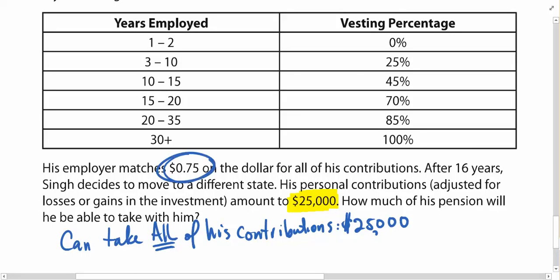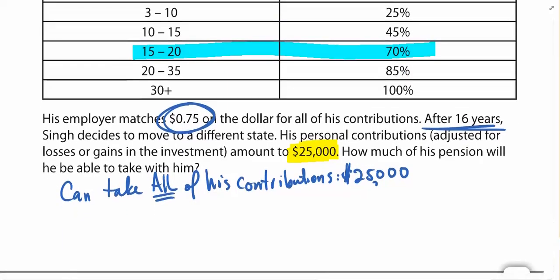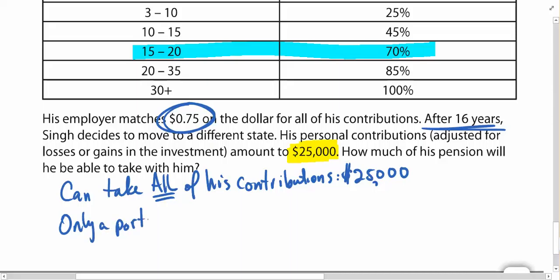And his employer contributed 75% of what he contributed. And the vesting percentage for 16 years falls in this category. So he'll get to keep 70% of what the employer contributed. So he can take all of his contributions, but only a portion of the employer contributions.